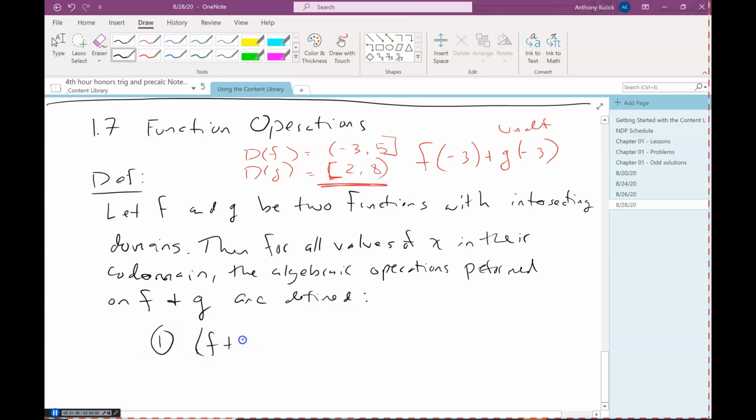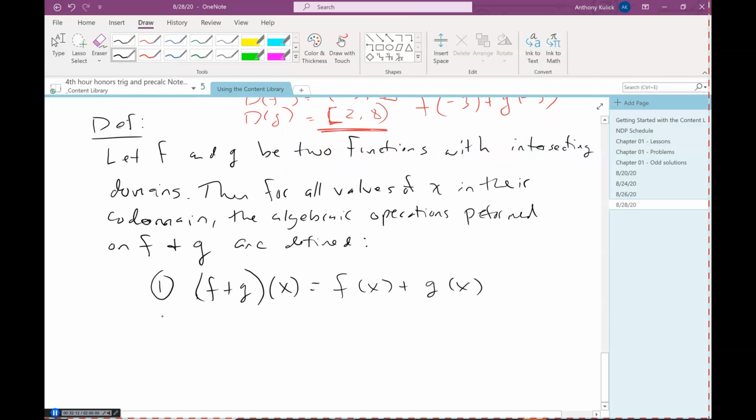So, a couple of rules. How do I evaluate the sum of two functions? It's the same as the sum of those individual functions. Hopefully that's not very surprising. Everybody's okay there? What about the difference of two functions?